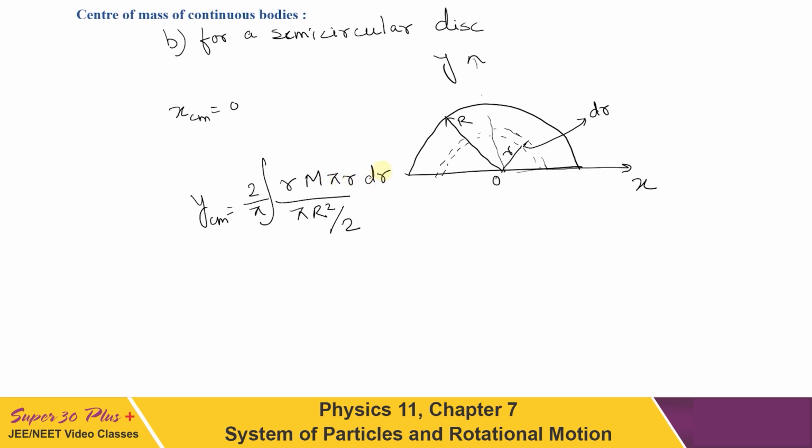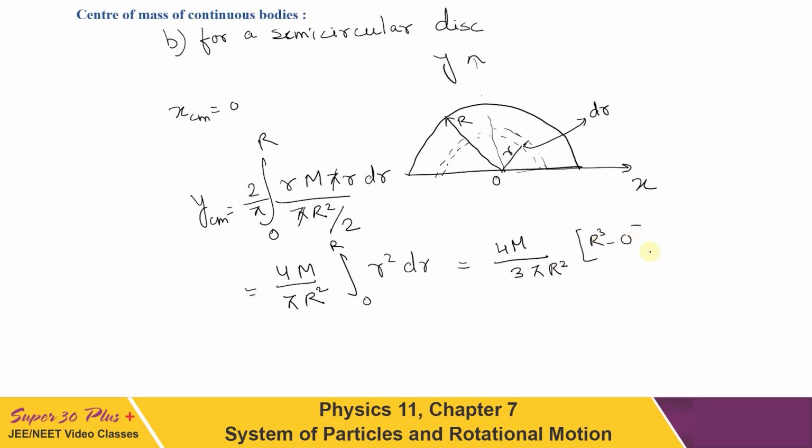Now here variation for r should be from 0 to capital R. If you solve it, you will get 4 upon pi r square, these two got cancelled, m is there, and here it will be r square dr from 0 to r. This will be 4m upon 3 pi r square. It will be r cube minus 0.